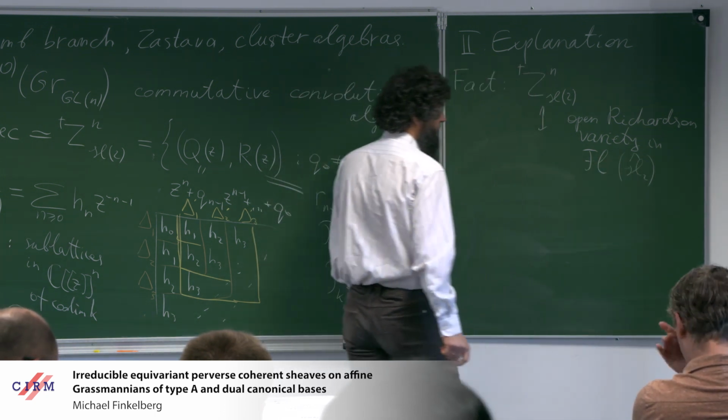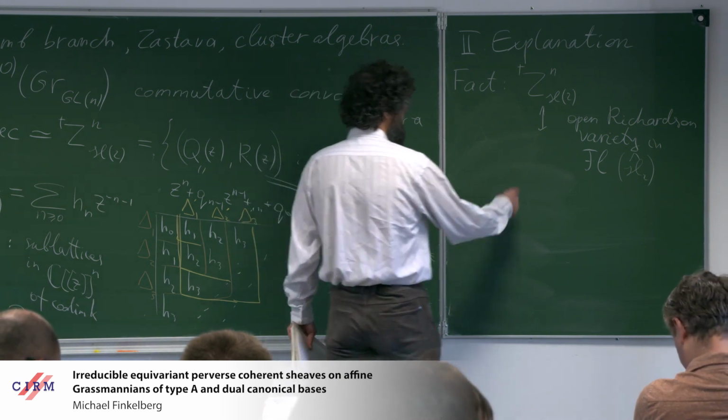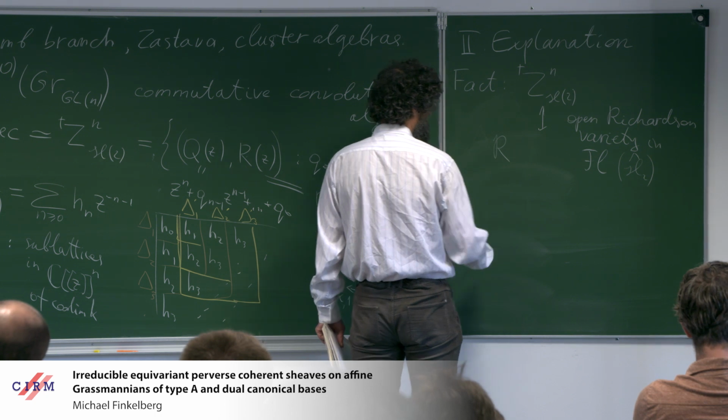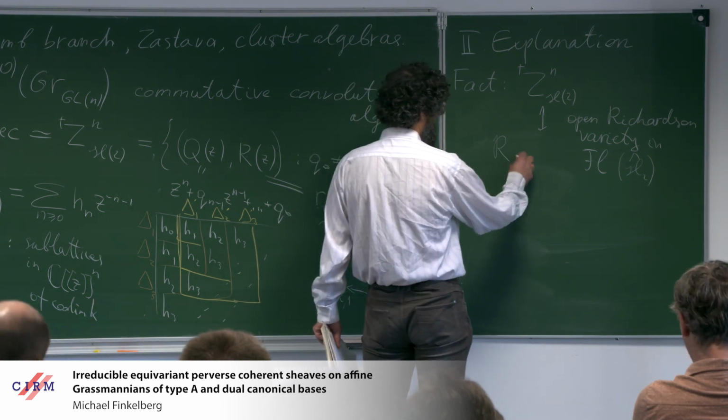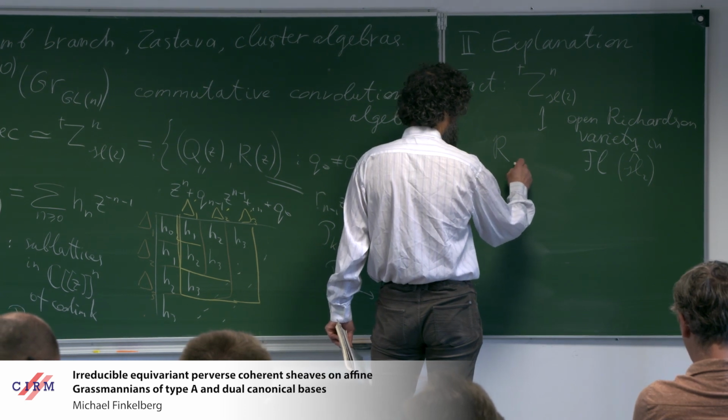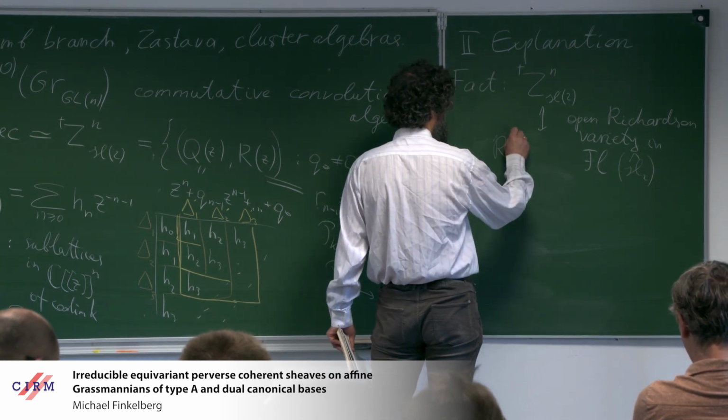Maybe let me put the hat here. Namely, the one which is the intersection of two opposite Schubert cells. One goes from S1, another from S1.